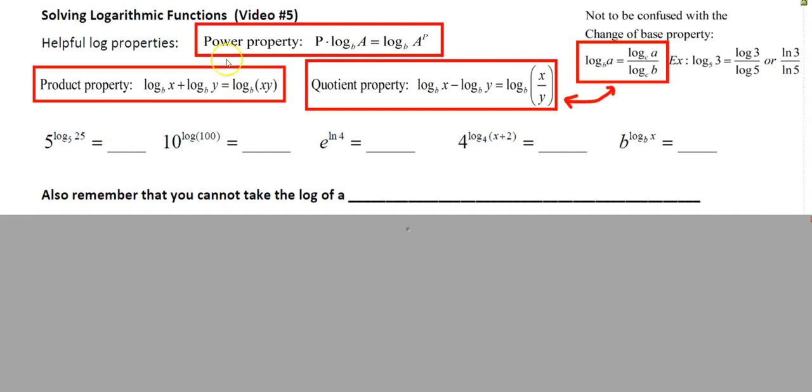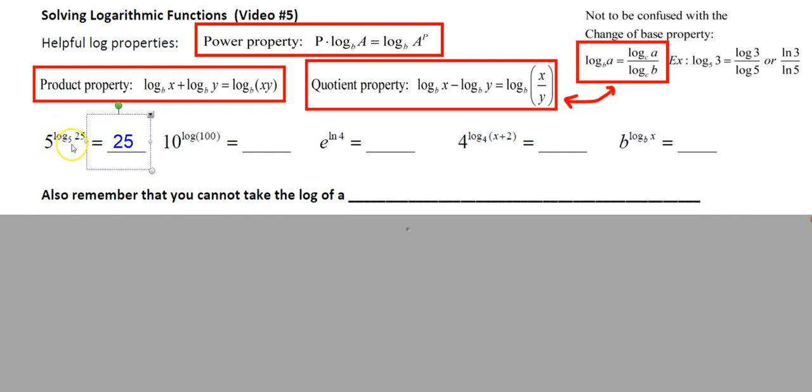We also saw these properties here on a previous worksheet. We said that 5 to the log base 5 of 25 is just 5 raised to the power that we would have to put on 5 in order to get 25, which is 2. And then that makes this 5 squared, which is 25.